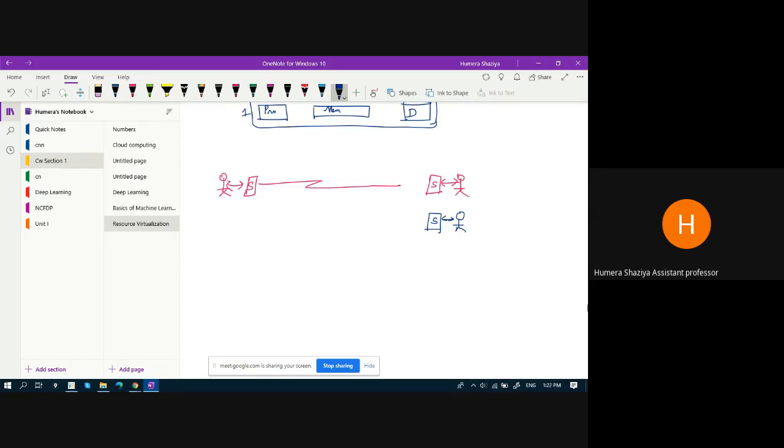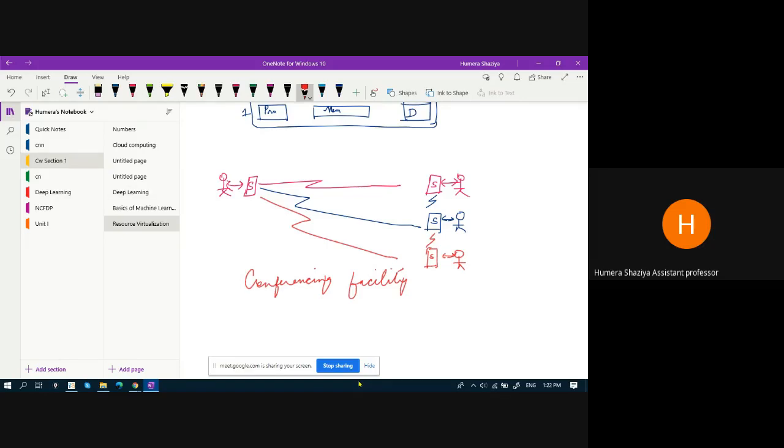With only this one physical device you are able to connect to this person, and these two are also connected, and you can connect one more friend of yours. If you don't have this conferencing facility, you can interact with only one person at a time.